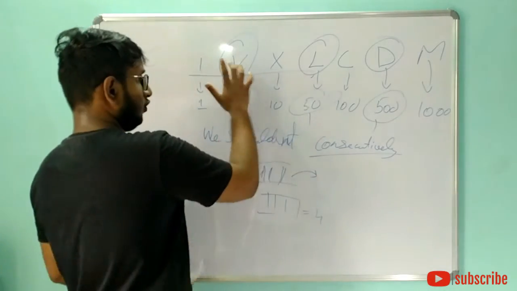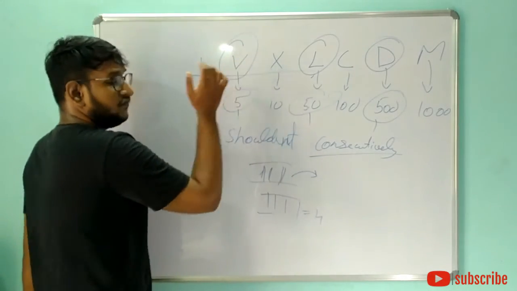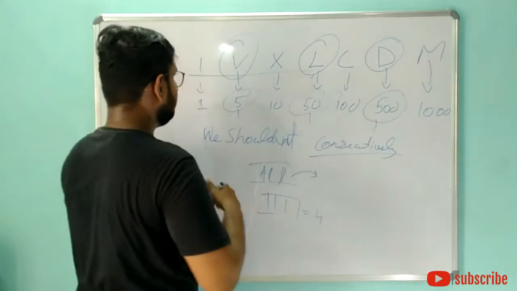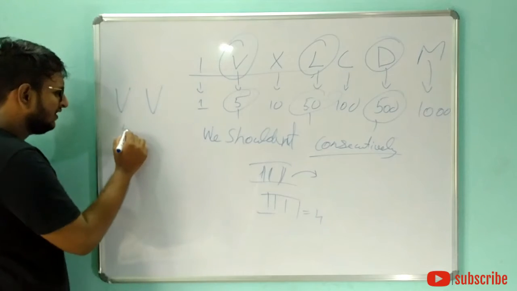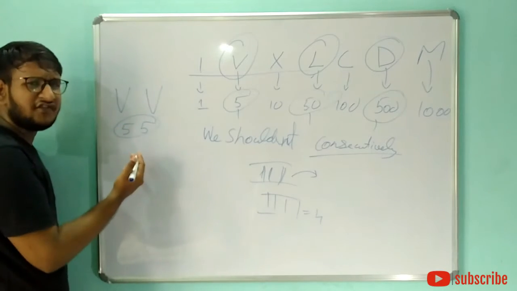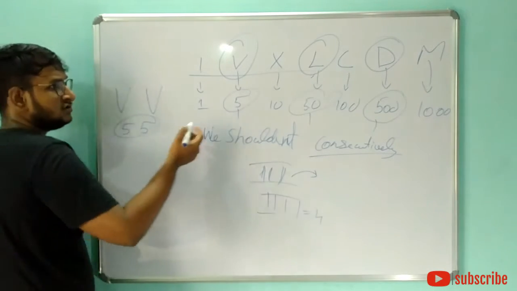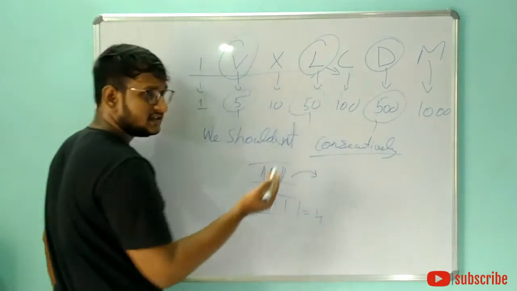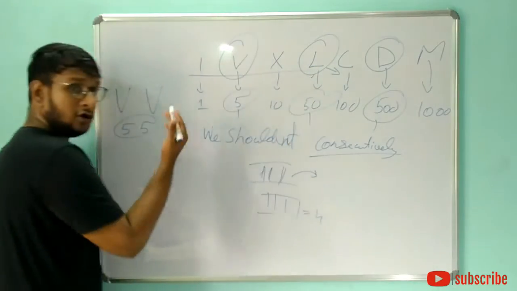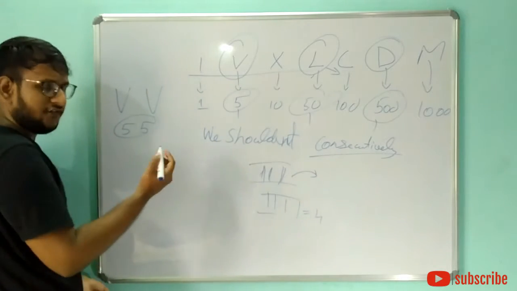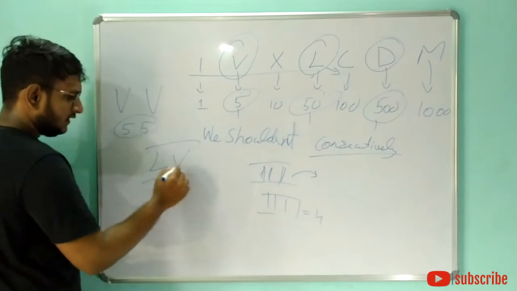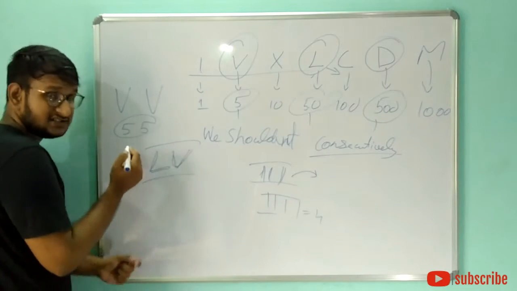For example, if we use V, that is 5, consecutively, what does it represent? It is nothing but 5 and 5, which is 55. Why do we need that? We can use L instead. L stands for 50, so in order to represent 55, we can use L followed by V.